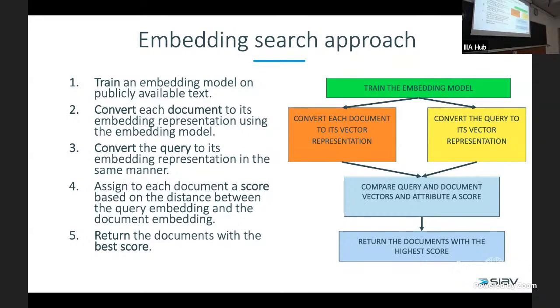And finally, you just return the documents with the best score to the user. Now, the system looks like it solves the problem of having a flexible search engine, since we know that the embeddings will be similar for documents which share the same context of the query.